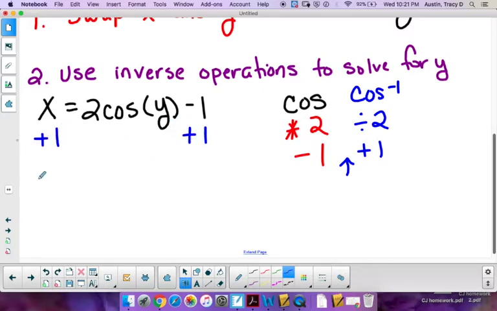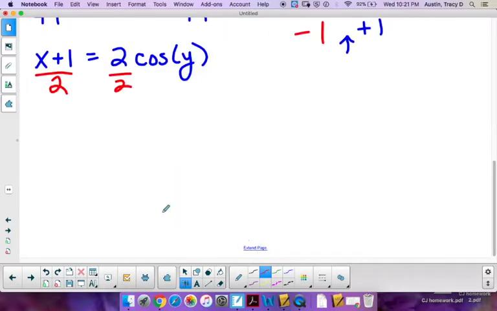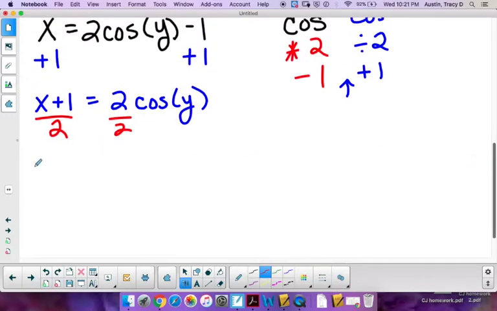I'm going to add 1. So now I have x plus 1 equals 2 cosine of y. Okay? Now I'm going to divide by 2 on both sides. Okay, and this is where we were talking about leaving those as a stacked fraction, and that's okay. You can do it that way. So I have (x plus 1) over 2 equals the cosine of y.